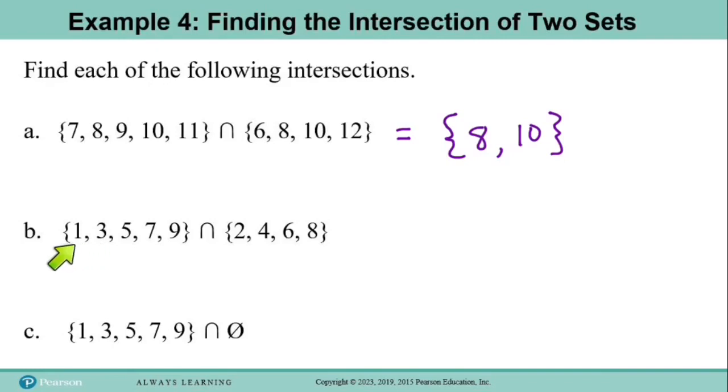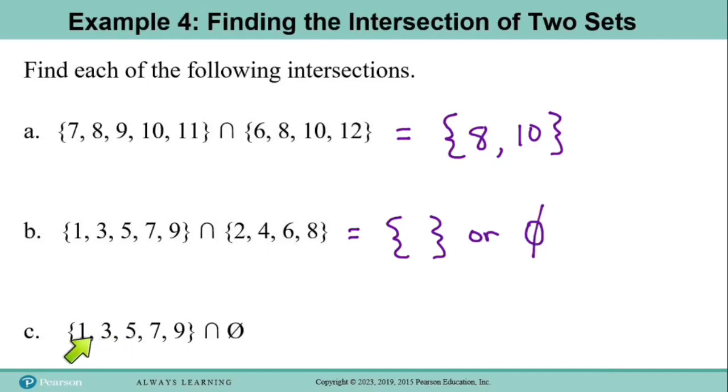Okay, in part B, we have the set containing 1, 3, 5, 7, 9, intersected with the set containing 2, 4, 6, 8. And there are no elements that are in both of these sets, so the intersection of these two sets is empty. So we could write it with the empty braces like this, or with the empty set symbol like that.